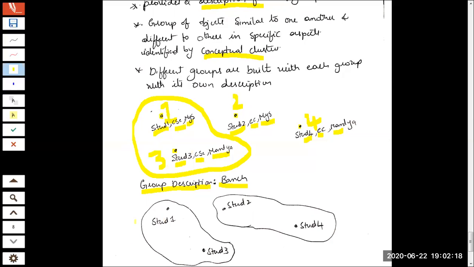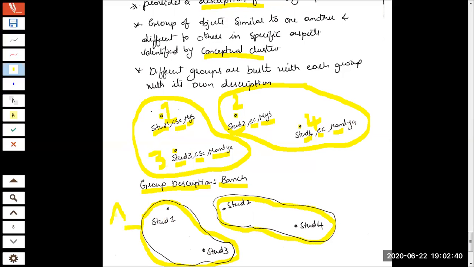The same has been marked here. Students 1 and 3 go into one cluster, maybe cluster A, and students 2 and 4 go into a different cluster, which we will call cluster B. Now, how was this cluster formed?